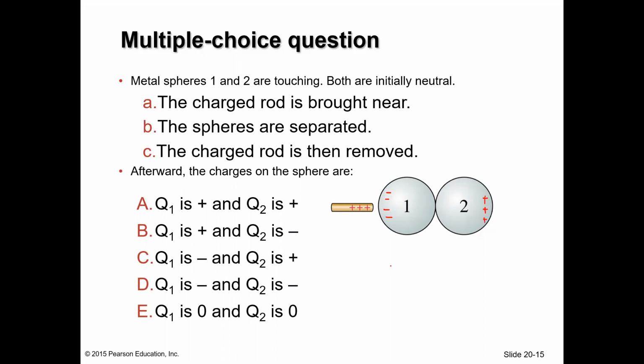You separate, without moving this away, you separate the metal balls, and then you move that away. Now the charge remains in this ball and that ball. So 1 is negative and 2 is positive.